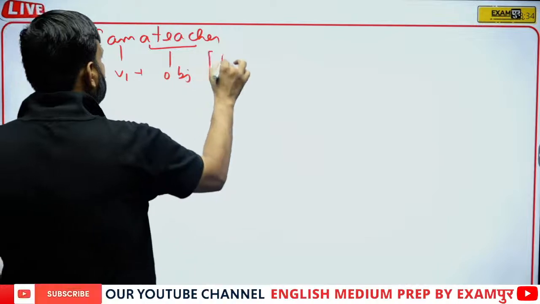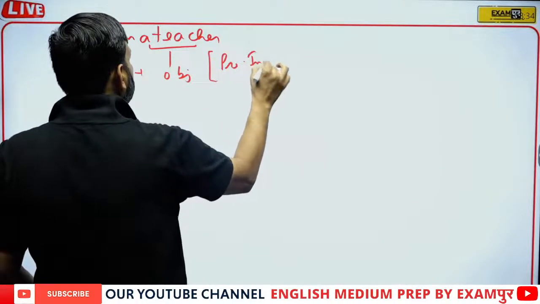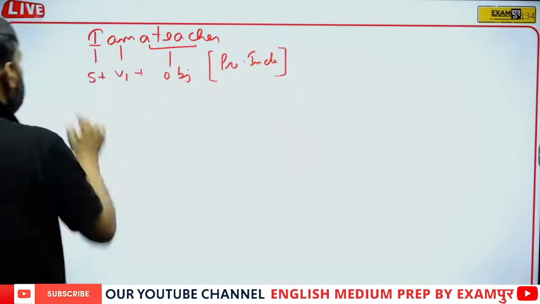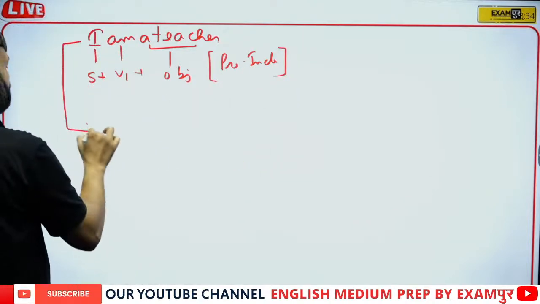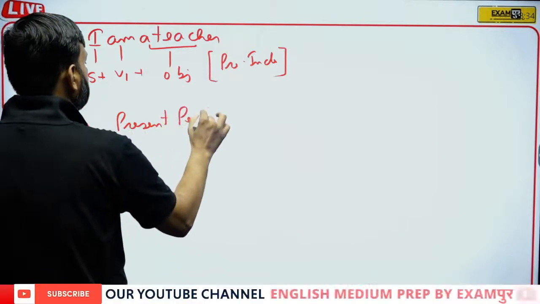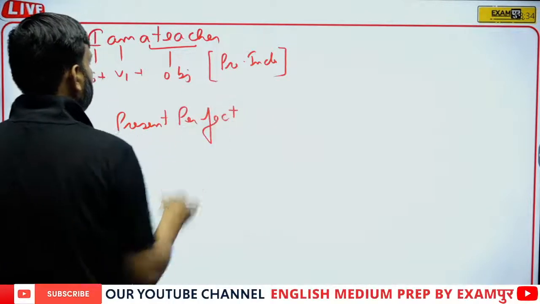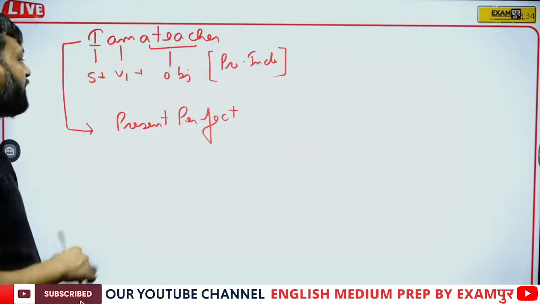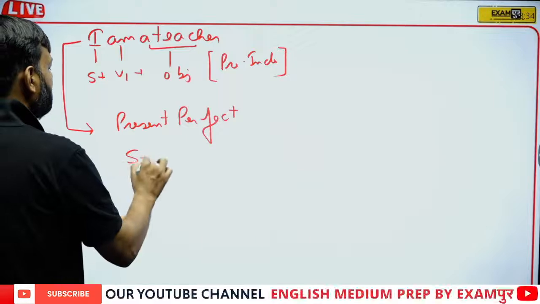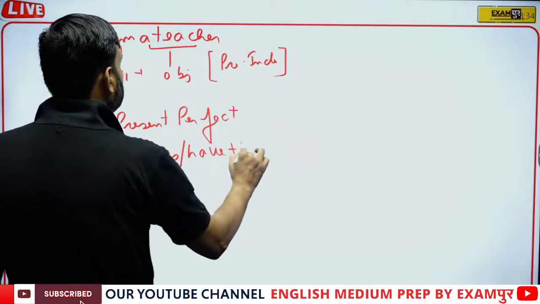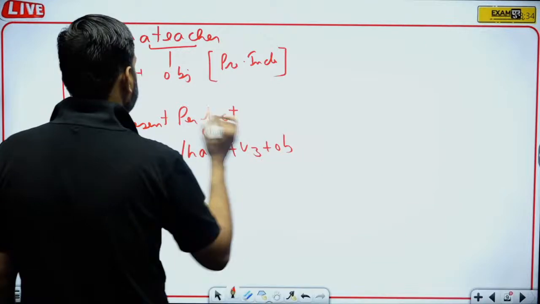So this is present indefinite tense. Now change this sentence into present perfect. What is the structure of present perfect? The structure of present perfect is has, have, third form of verb and object.